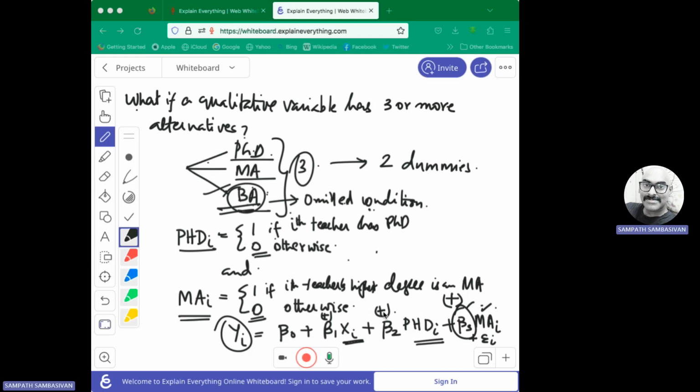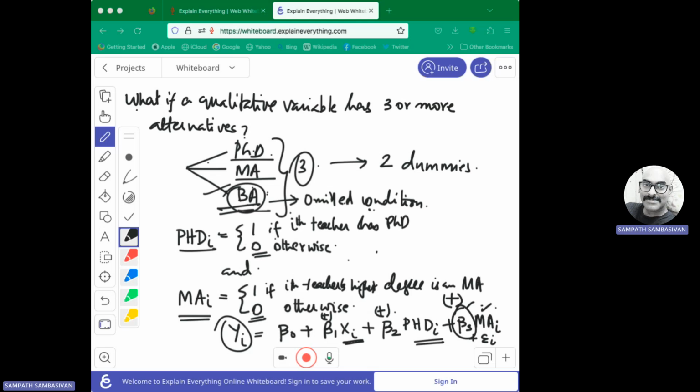Okay. And it is in comparison with this omitted condition that we define the coefficient of these dummy variables, right? So here, as an example, if we are trying to interpret the value of beta 3, right, what would it mean? It would indicate the increase in the salary, right?